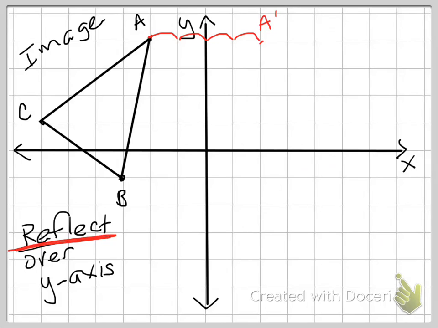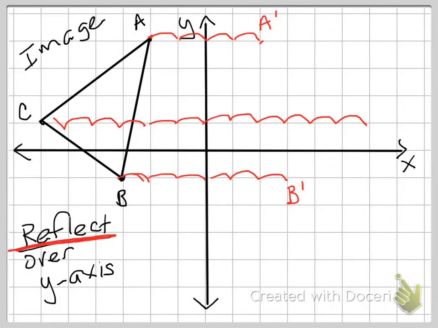Same thing with B. 1, 2, 3. So I'm going to reflect it 3 units over the y-axis. 1, 2, 3. So this one here is going to be B prime. C is 1, 2, 3, 4, 5, 6 units away. So reflect this over the y-axis, 1, 2, 3, 4, 5, 6.